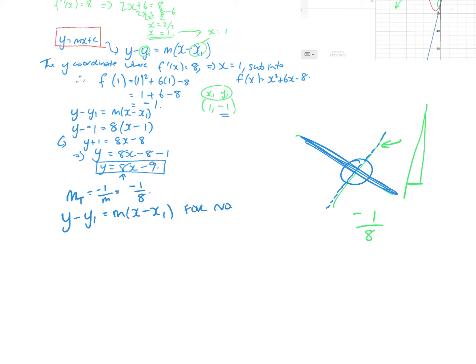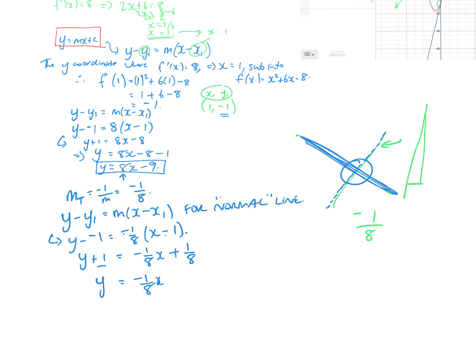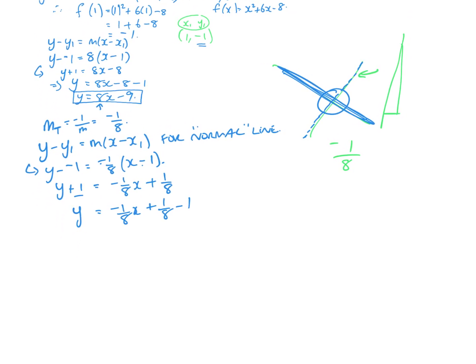So for the normal line, normal's the geometric term for a 90-degree bisector, so therefore y minus -1 is equal to -1/8 times x minus the x point 1, and we're just going to algebraically rearrange this again. Minus 1/8 x plus, because we've got a minus there, 1/8, and we're going to bring the loose 1 onto this side as a -1 and tidy it up as best we can.